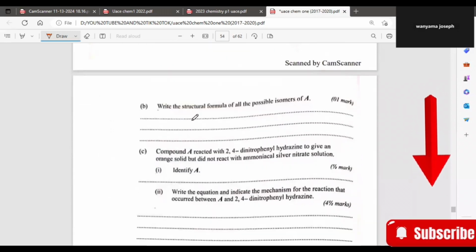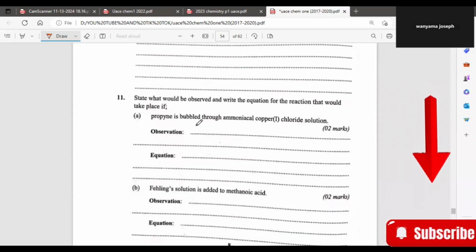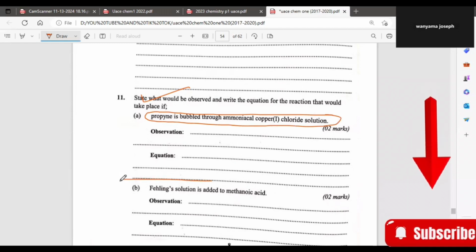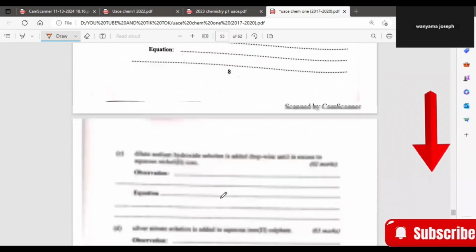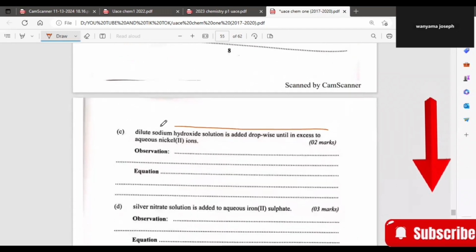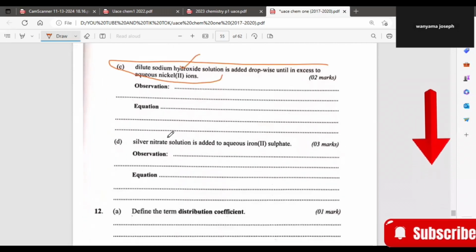Number 10 is organic. This is the area where we said special reactions in organic chemistry. Students have not paid attention to those equations. Please watch those equations. They can be put in section A, where you cannot escape. This is qualitative analysis.